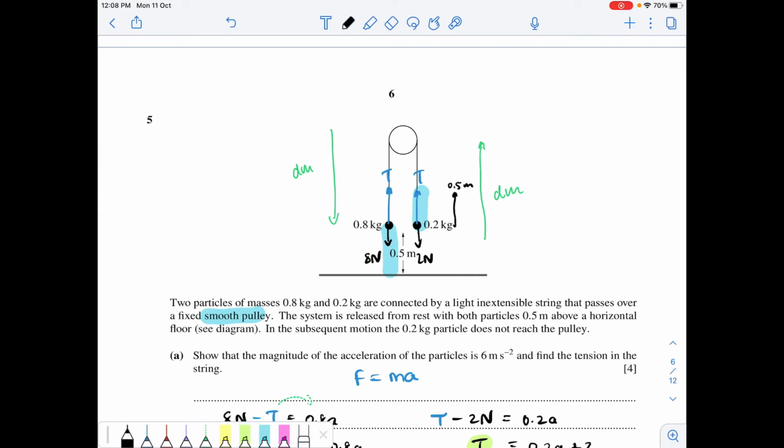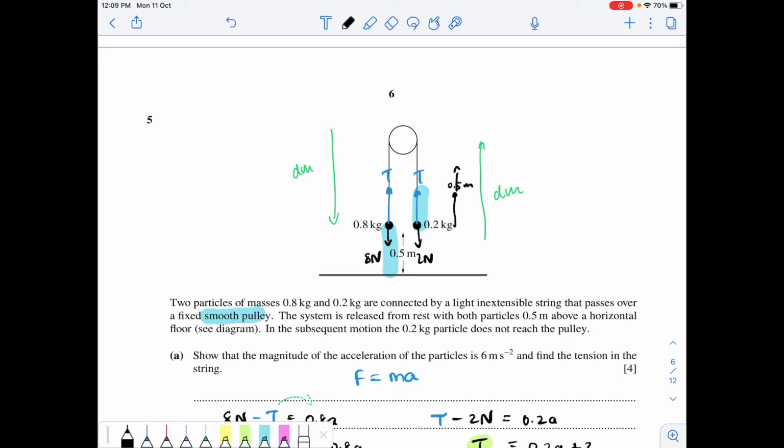Okay, so it will start at 0.5 and it will move up another 0.5 meters. Now once the 0.8 kilogram particle hits the ground, it will no longer be providing any tension. It won't be pulling the 0.2 kilogram particle up anymore, and so the 0.2 kilogram particle will continue moving upwards independent of that particle, and it will move up an additional distance until it runs out of speed, because obviously it's going against gravity, and this is the distance that we're trying to find.